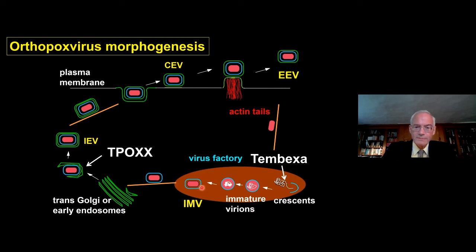TPOXX, however, doesn't block replication, but it blocks this wrapping stage. And so the virus cannot be transported out of the cell and its dissemination is restricted hugely. Despite not blocking replication, this is an effective drug so long as there is an effective immune system present to remove the virus-infected cells.